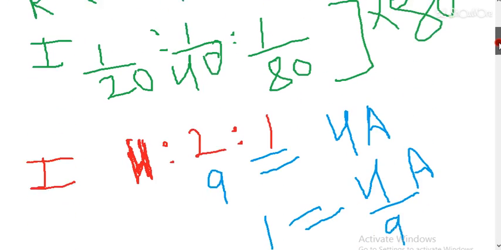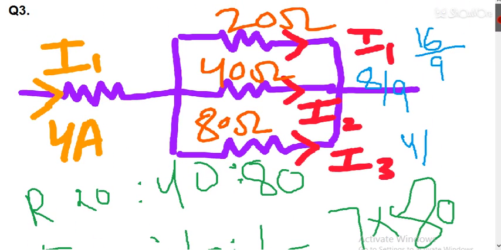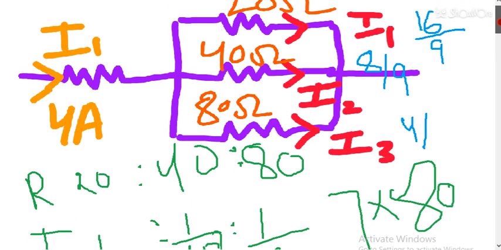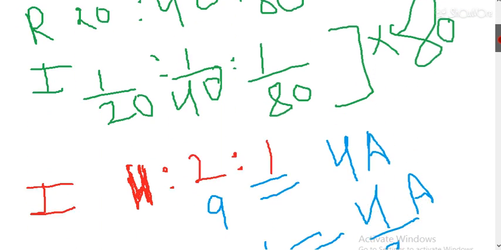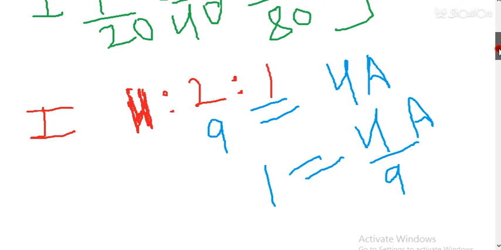Okay, let me check first: 16 and 8 is 24, 24 plus 4 is 28, so it will be total 9 parts. No students, there is a little mistake.